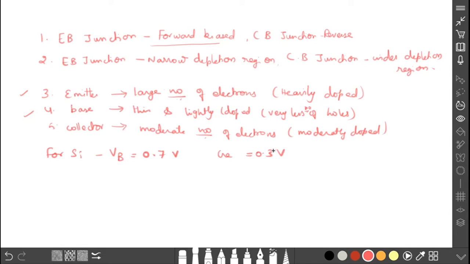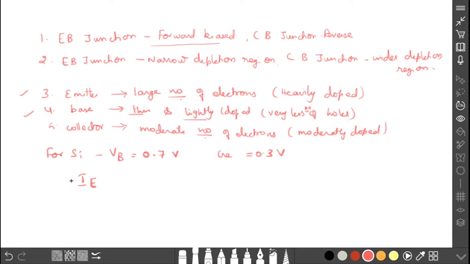Then the flow of electrons takes place. The emitter current IE is produced and it reaches the base. Here the base is very thin and lightly doped, so recombination takes place for only 2% of the electrons, and the remaining electrons are injected into the collector, so that a very high collector current is initiated.